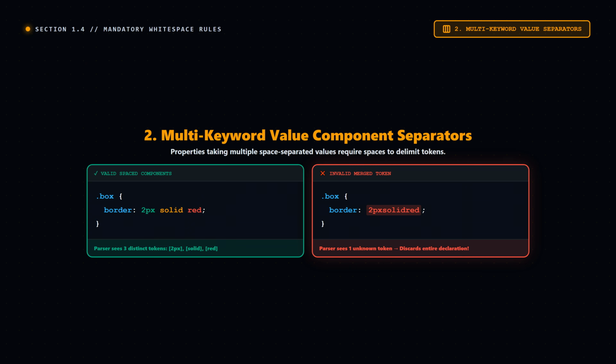Second, when a CSS value is made up of multiple keywords, like the border value 2px solid red, the spaces between them are mandatory. They tell the parser that 2px, solid, and red are 3 separate components. If you write 2p solid red as a single word, the parser sees a single unknown token and discards the entire declaration.